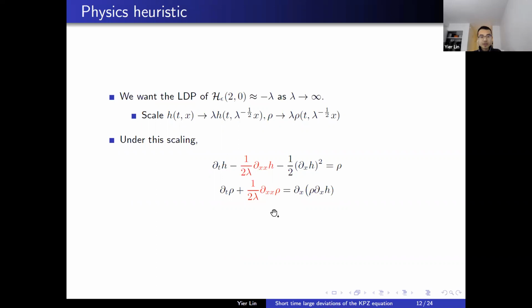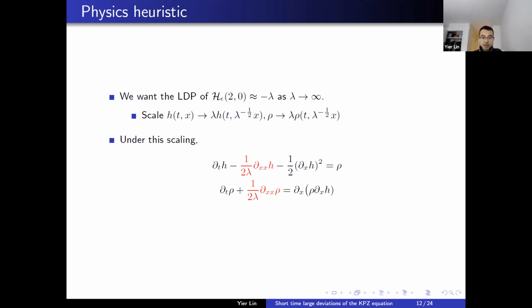Our goal is to understand how the solution to this pair of PDE behaves as lambda goes to infinity. At the heuristic level, it is natural to believe that as lambda goes to infinity, the solution will converge to the solution of the pair of PDE where these second order derivative terms just vanish, because the coefficient in front of them goes to 0.